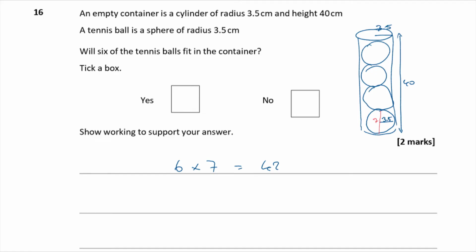So that is too tall. It'll only fit 5 in. So we can only fit 5 tennis balls in the tube. So answer no.